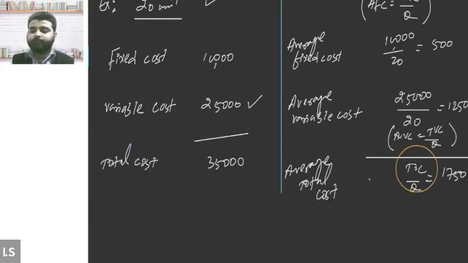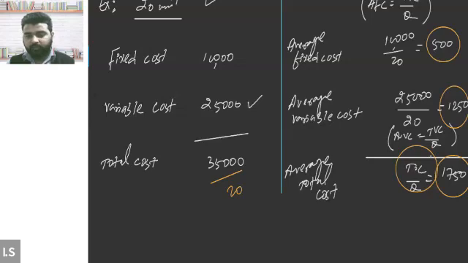Now, see, one of the formulas to calculate average cost is this, total cost divided by quantity. But we have an alternative formula as well to calculate average total cost. Instead of dividing the total cost by quantity, we can simply add average fixed cost and average variable cost. Then also you will get the same answer. Instead of dividing the 35,000 by 20 and then calculating 1750, you can also calculate this value by simply adding AFC plus AVC.